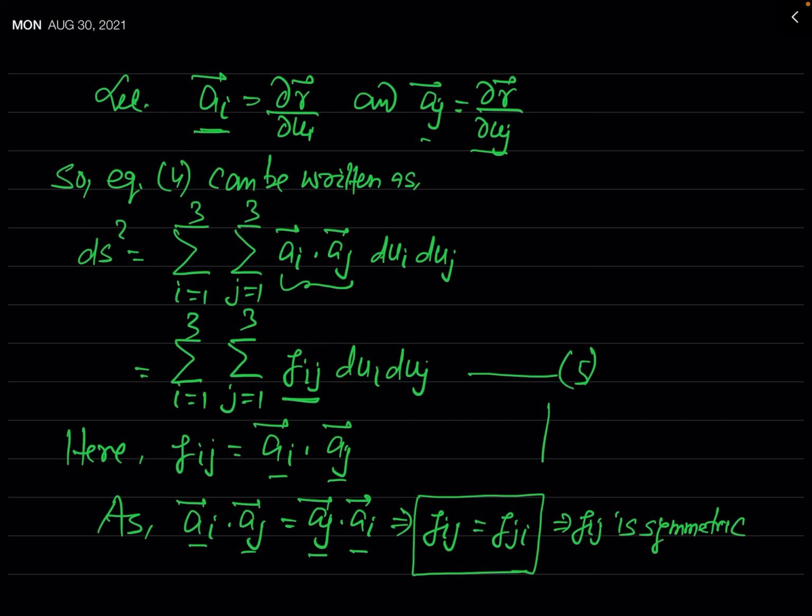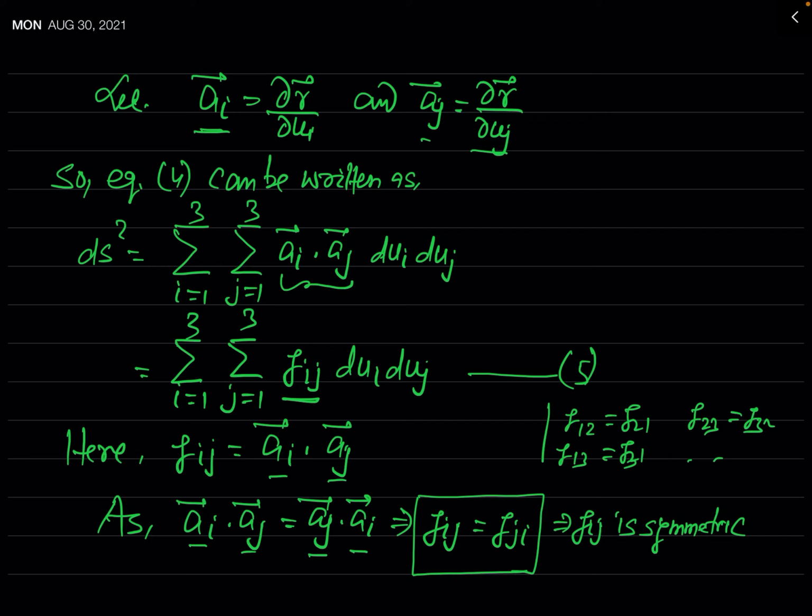When you say gij equal to gji, it means g12 will be equal to g21, g13 equal to g31, g23 equal to g32, and so on.